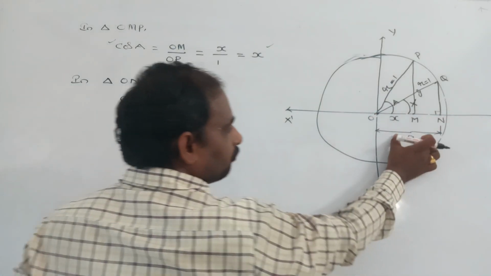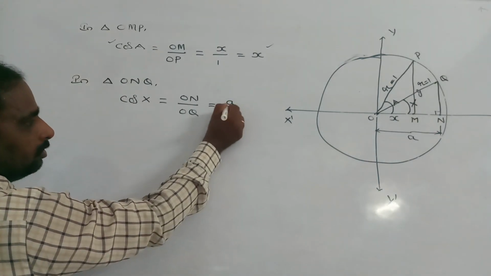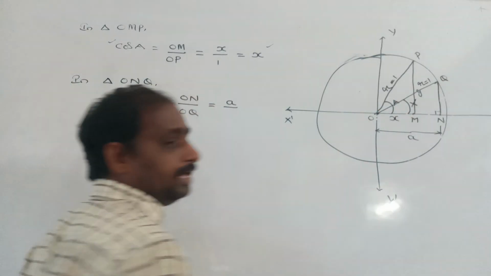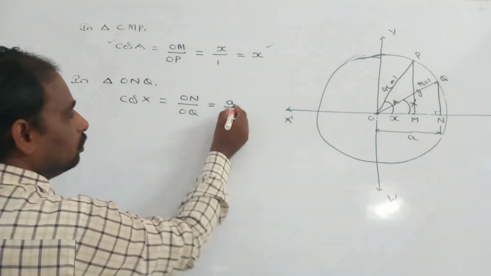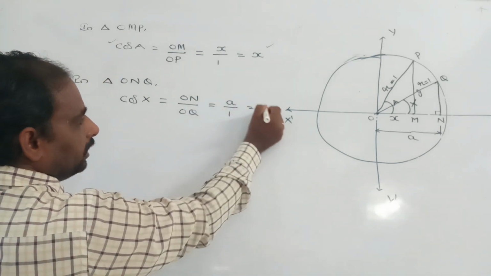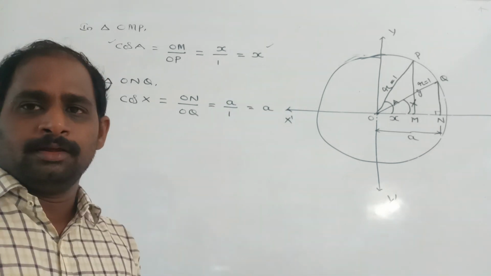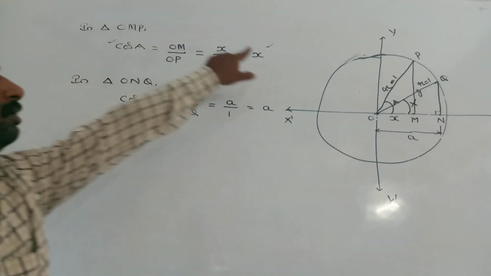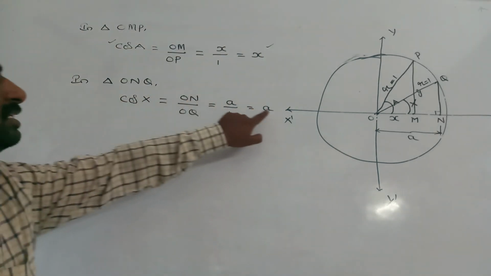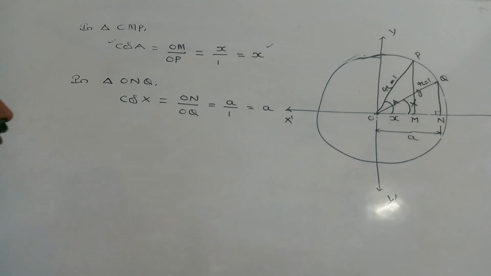ON we have already taken as A. OQ, again in a unit circle, the radius is equal to 1. So we got cos A is equal to X, and cos X is equal to A.